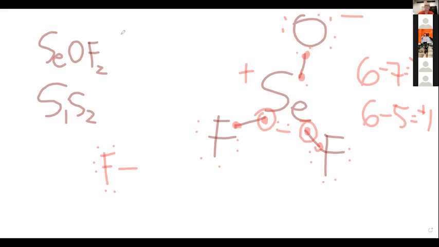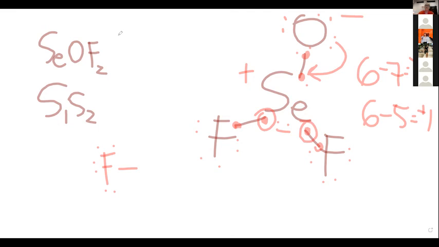Change the bond. How do we do that? Double bond the oxygen with the selenium. So we take one of these lone pairs and move it in between to make another bond.